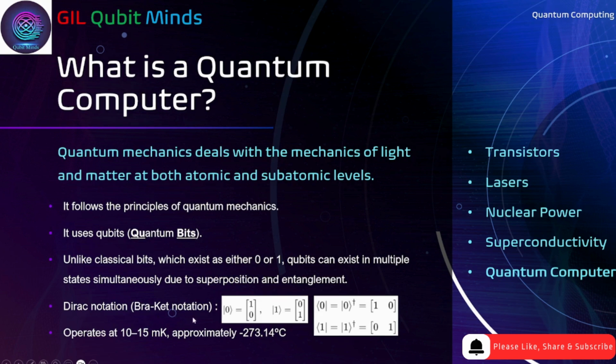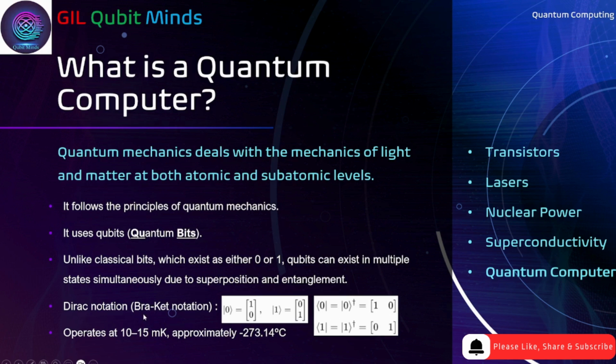This is the ket 0 and ket 1, or bra 0 and bra 1, which is how the Dirac notation works to denote the quantum bits. This is the column vector and this is the row vector.